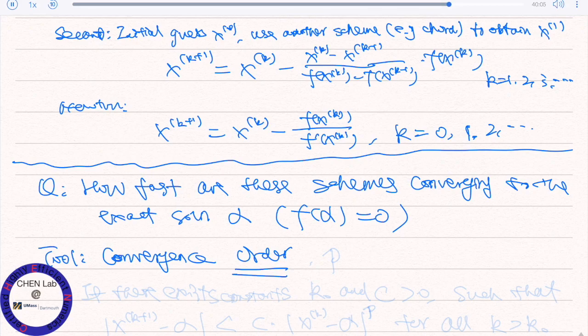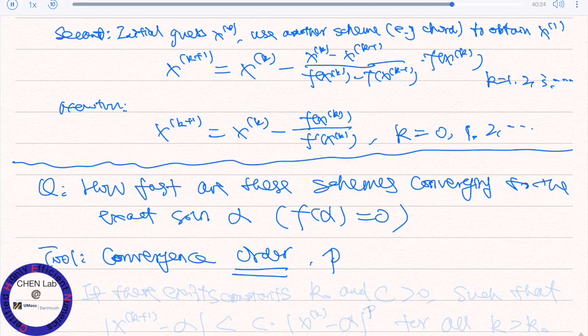This is another tricky concept. Convergence order p. So to write it down mathematically, slightly more rigorously, is the following. Then I'm going to explain the intuition.